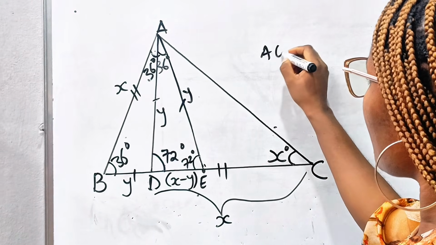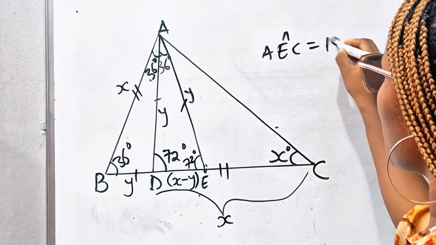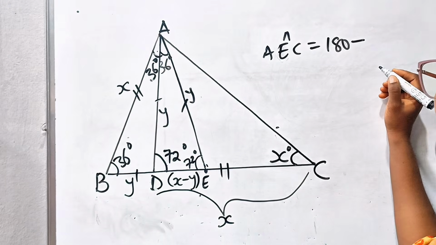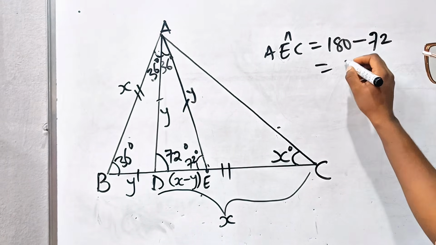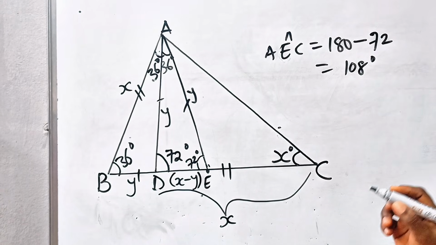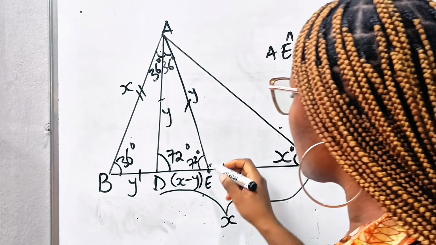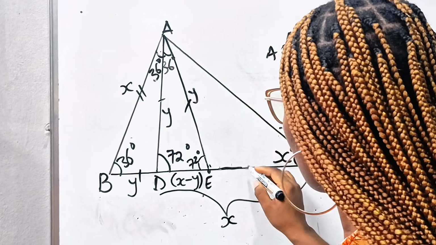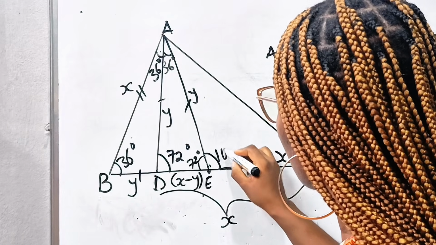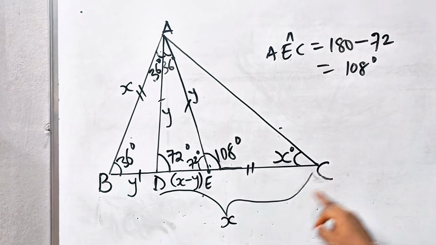So AEC is equal to 180 minus 72, right? And this will be 108 degrees. So we have here to be 108 degrees.